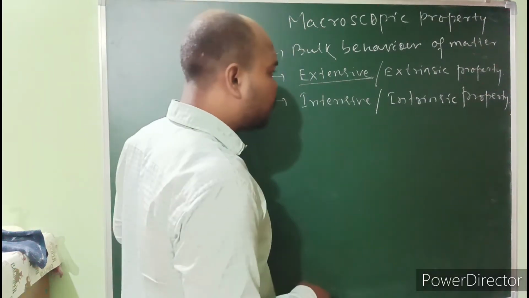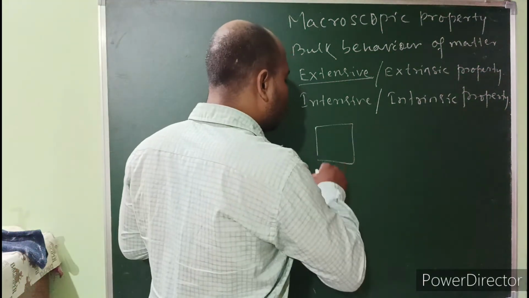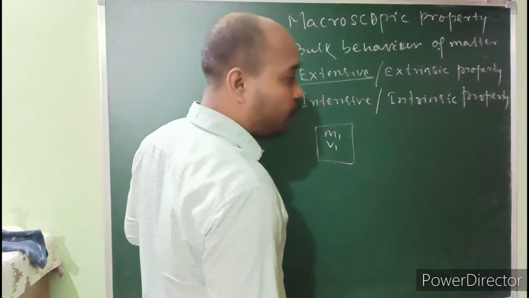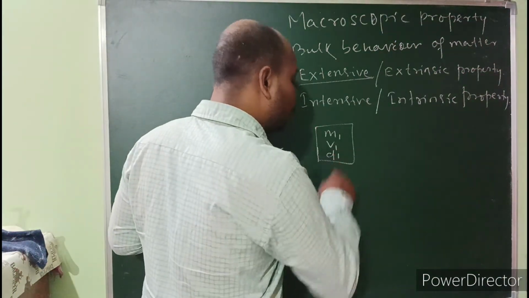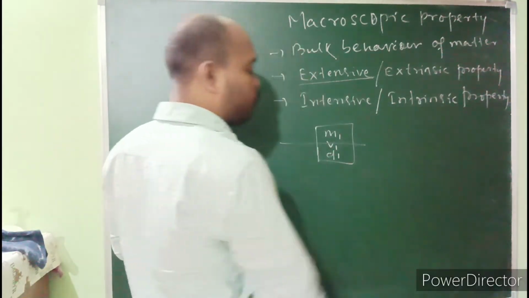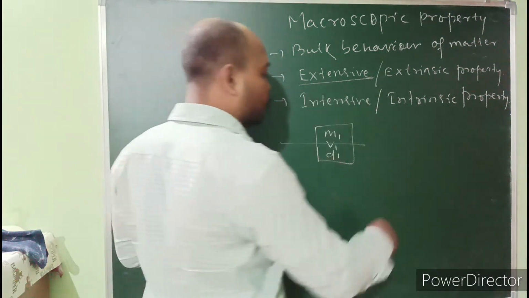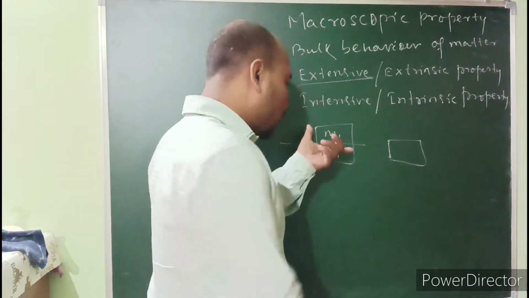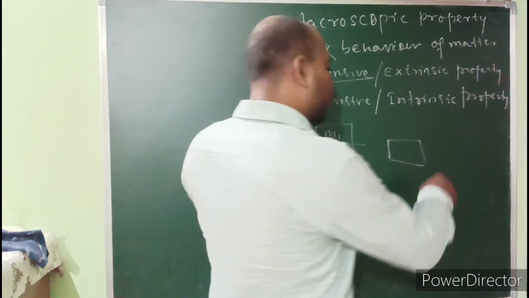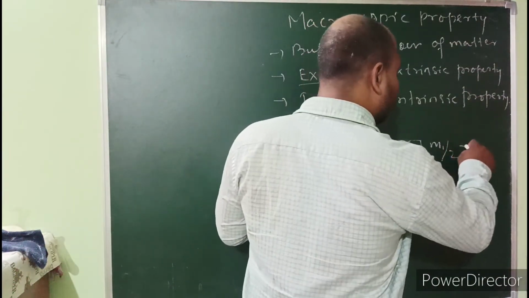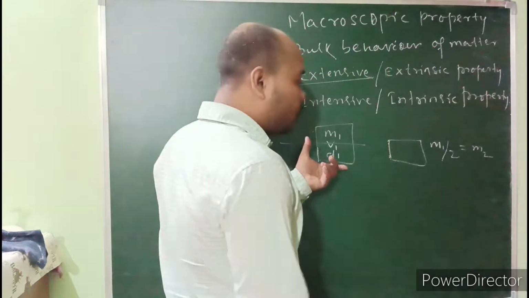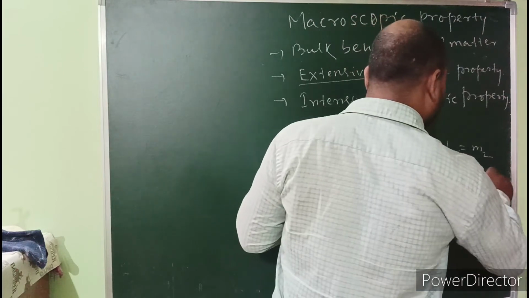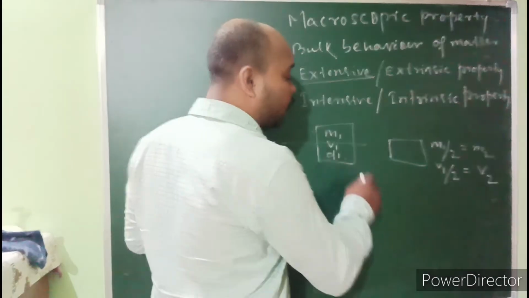Consider that it has initial mass m1, initial volume v1, initial density d1. Now cut it into two equal pieces. Tell me, what will be the mass? I will get m1 by 2, that is my m2. Volume will also become half, v1 by 2, but density will remain the same.